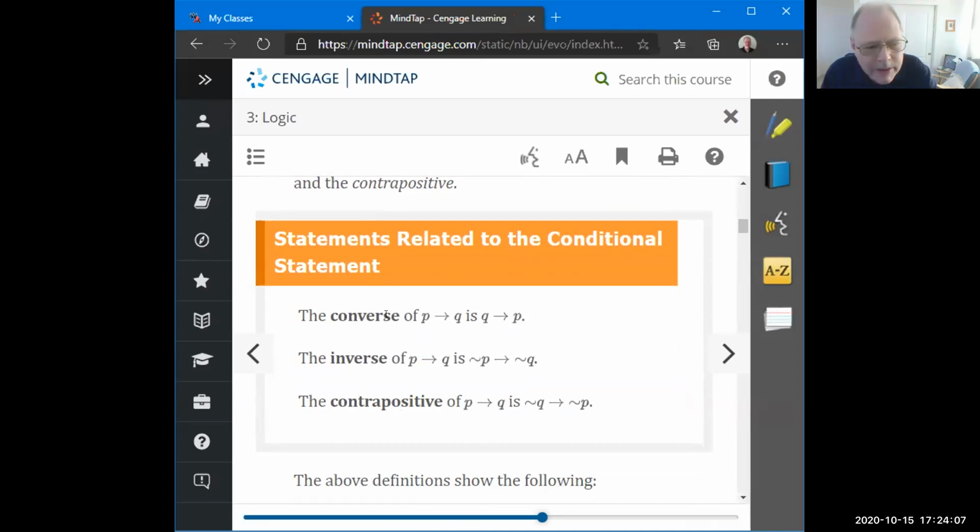So, anybody on these 3 definitions? To make the converse, like if it rains, then it pours, the converse would be if it pours, then it rains. We're clear on the converse. You don't change the statements, you just reverse the arrow.